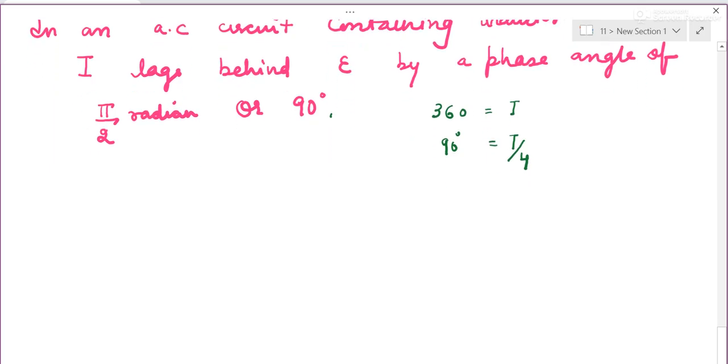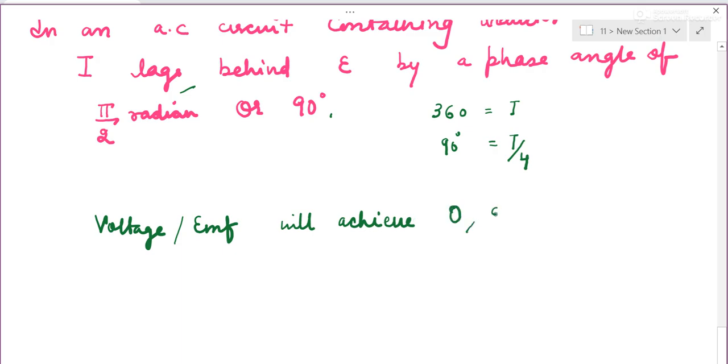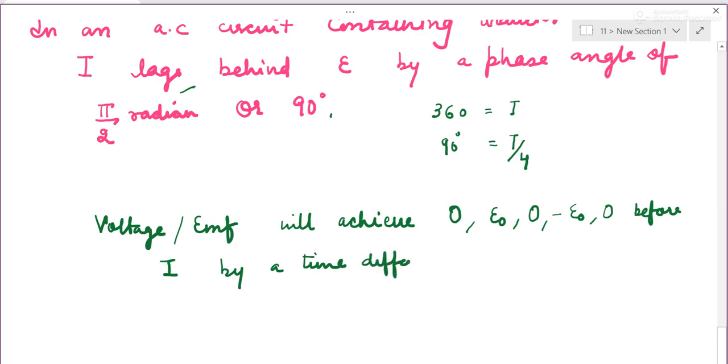So you can say voltage, or EMF, will achieve zero, then peak, then zero, then minus peak, then zero, before current, by a time difference of T by 4, because voltage is ahead and current is lagging.